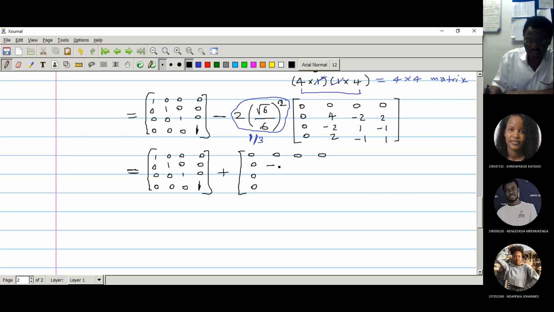So this will be negative 4 by 3, 2 by 3, negative 2 by 3. And this will be 2 by 3, negative 1 by 3, 1 by 3, negative 2 by 3, 1 by 3, negative 1 by 3.